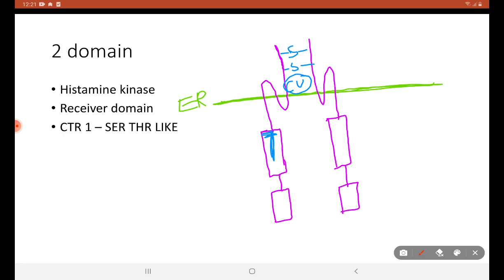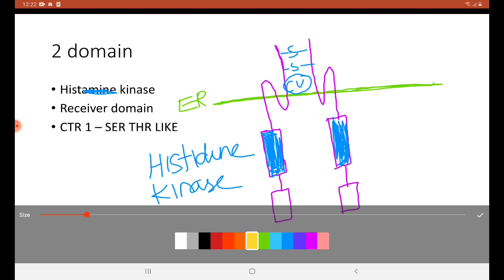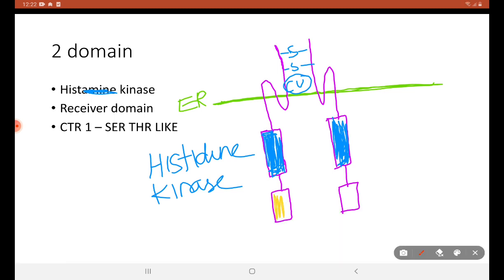These areas are histidine. It's not histamine, it is histidine. Histidine kinase domain. And this area is the receiver domain.